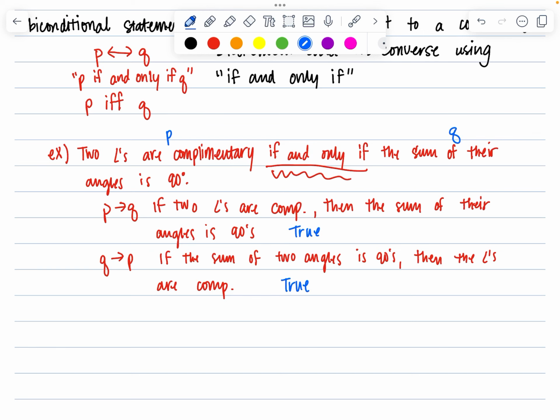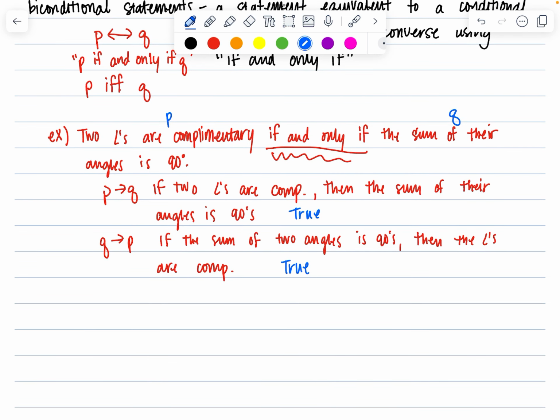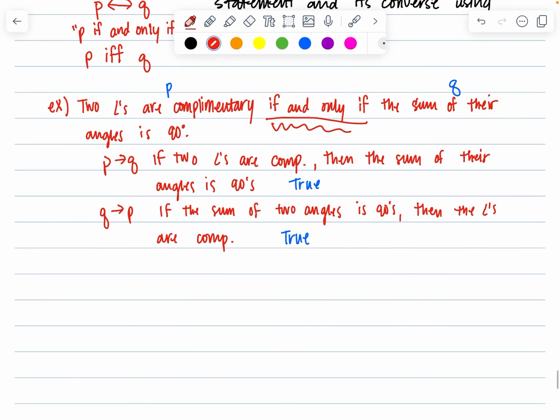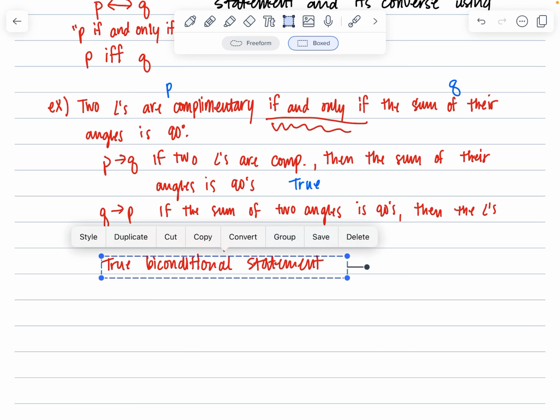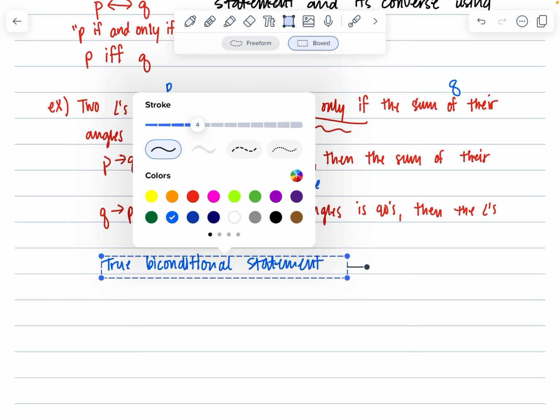So this is true both ways. If P then Q and if Q then P, the converse and the conditional are both true. So this is a true biconditional statement. Let's do this in blue just because that's how we piece this together.